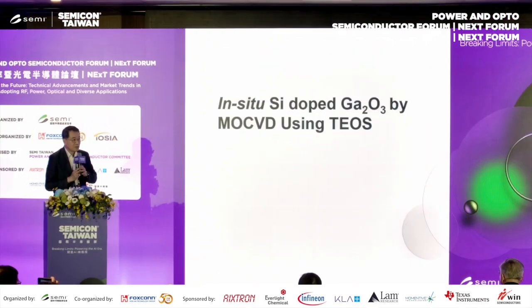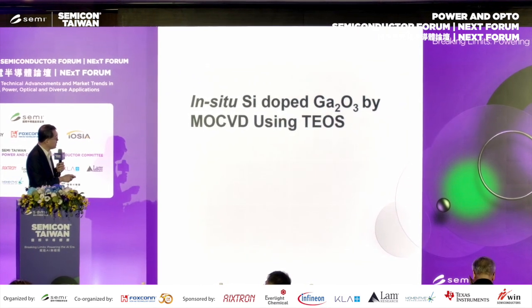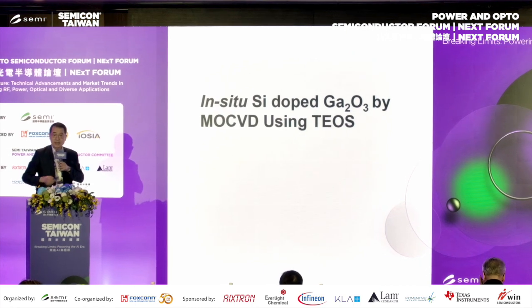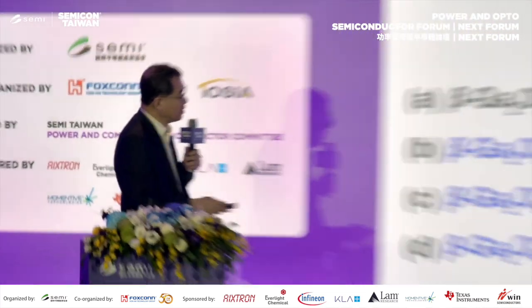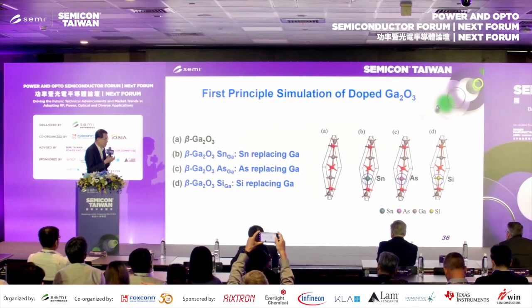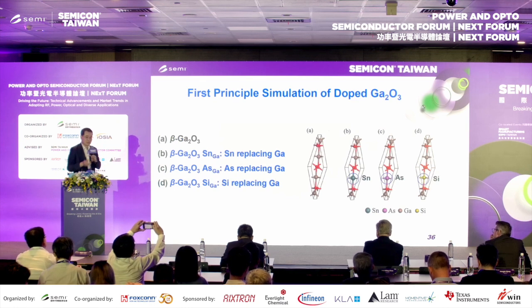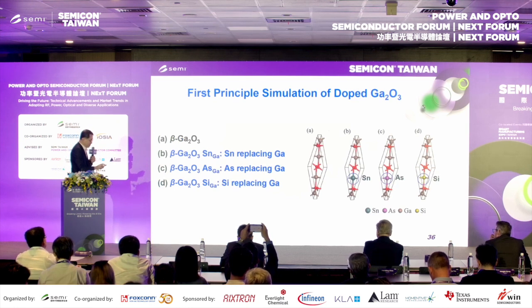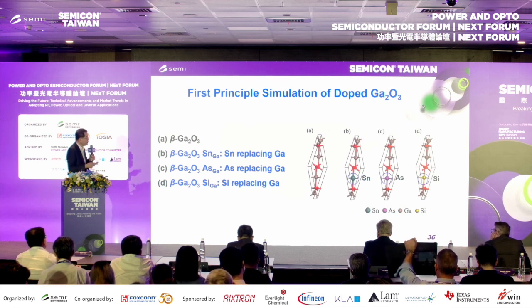Because I do not have much time, I can briefly show the in situ silicon doping. There are a lot of dopants that can achieve N-type gallium oxide. Here we can consider tin, and also germanium, and also silicon. Which of these different kinds of dopants is better?